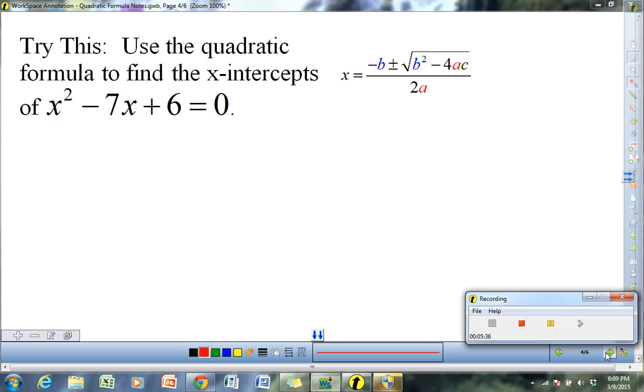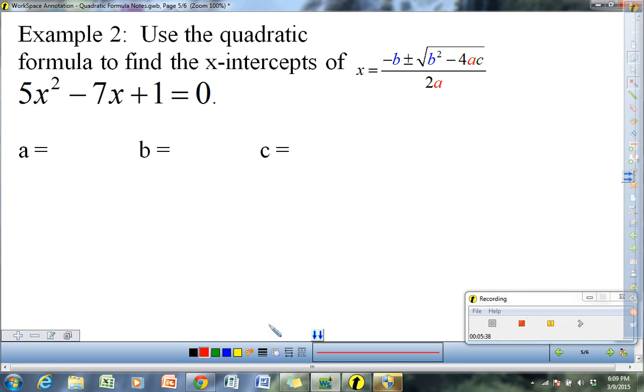Alright. Next example. Example 2. Use the quadratic formula to find the x-intercepts of 5x squared minus 7x plus 1. So remember now, our quadratic formula is x equals negative b plus or minus the square root of b squared minus 4ac all over 2a. So now our a is 5, our b is negative 7, and our c is 1.